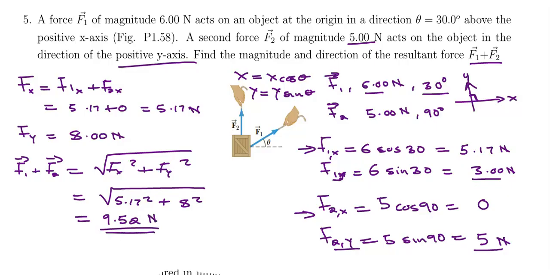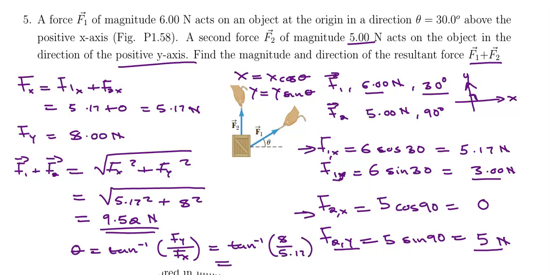Now to find the direction, our direction is equal to tan inverse of the y component over the x component. So we are going to say tan inverse, where our y component is 8 and our x component is 5.17.